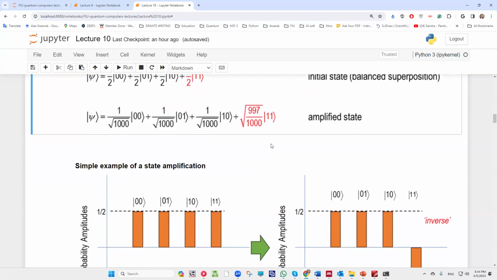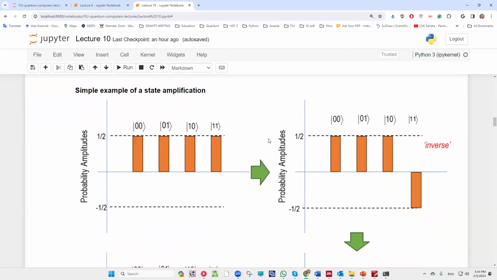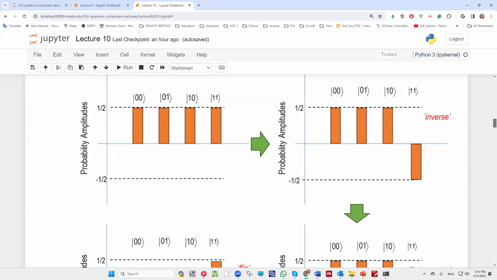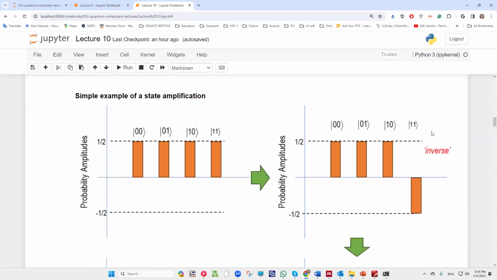How do we amplify states in quantum? This idea lies behind this search algorithm. Let's suppose we start with the balanced superposition of two qubits, like shown here. On the y axis we have probability amplitudes, and in this initial state we have 1/2 for all of them.